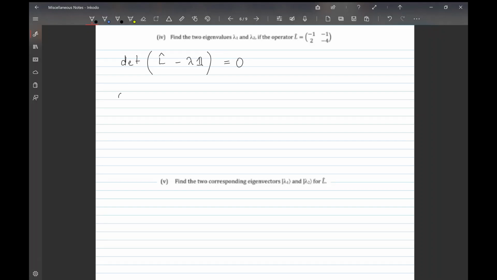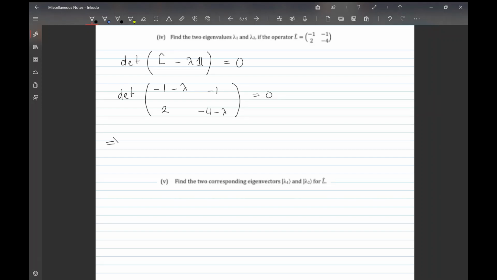Okay, so for this particular case, when we have L as it is, we're looking for the determinant of this particular matrix here, and setting that equal to 0.